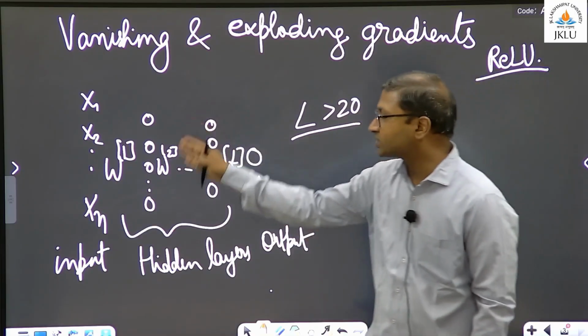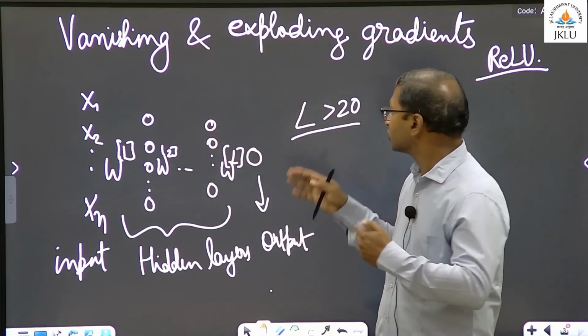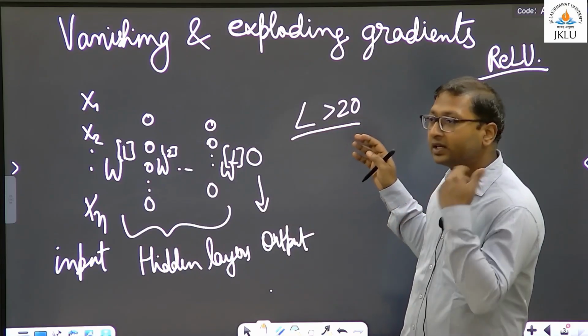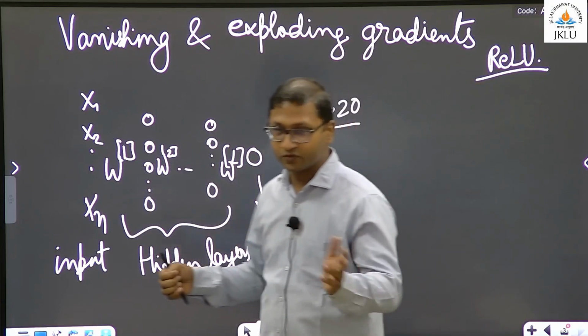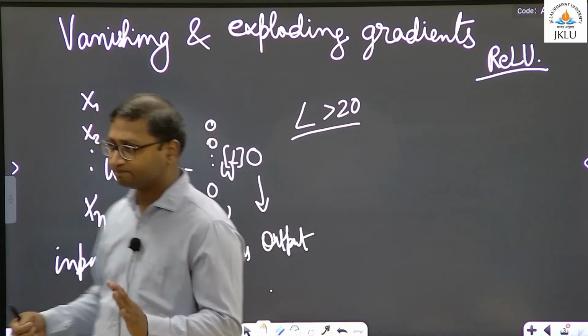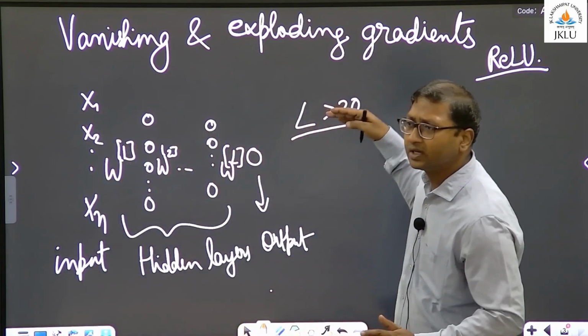If you just keep on stacking these, it is not that something will go suddenly wrong at 20 and before that everything is fine, that is not the case, but it becomes really worse as you keep on increasing this.